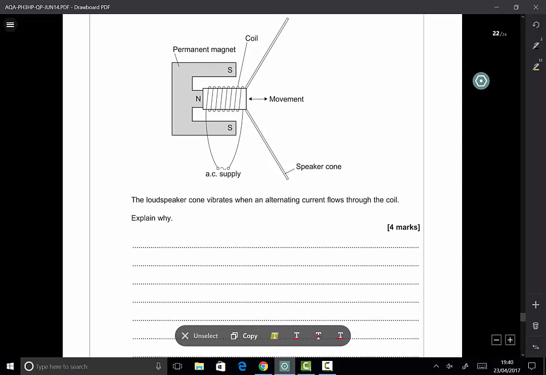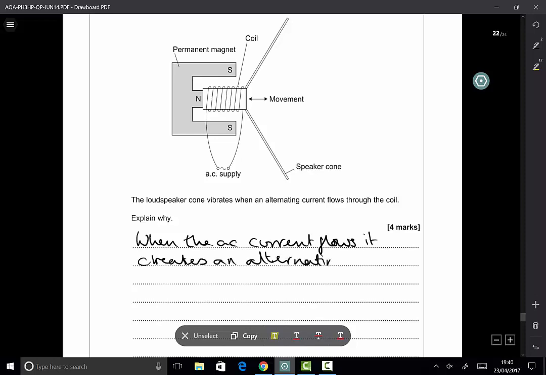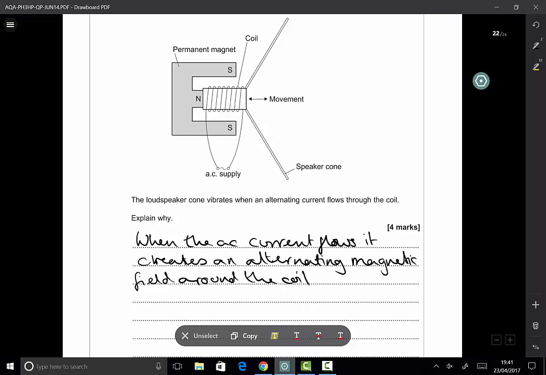So, when the AC current flows, it creates an alternating magnetic field around the coil. The word alternating is important. They've told you that it's an alternating current supply for a reason, so use that alternating again in the magnetic field.